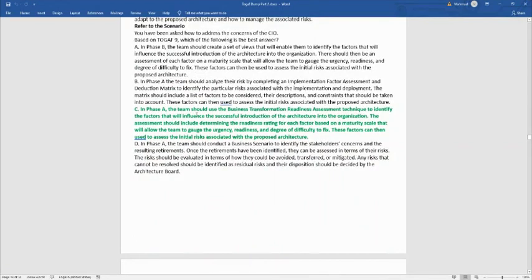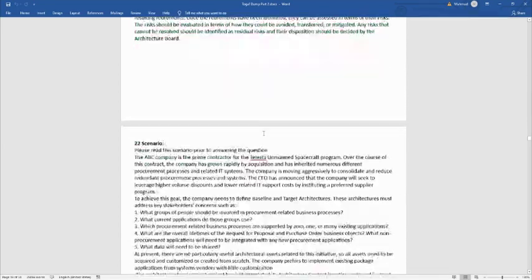In this situation, the team should use the business information readiness assessment technique to identify the factors that would influence the successful introduction of the architecture into the organization.